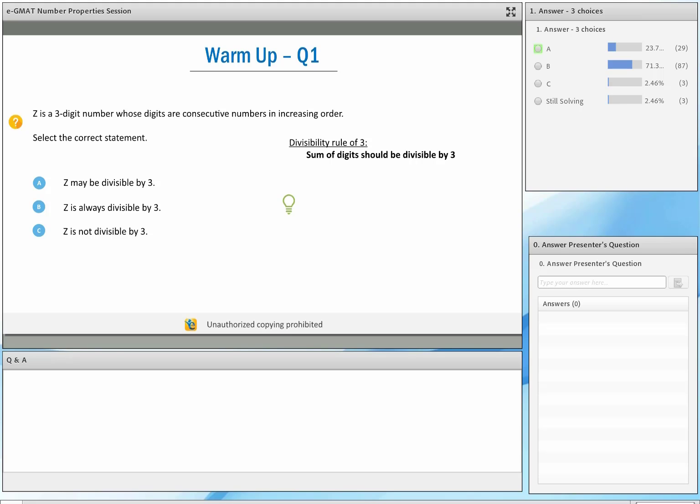Now, if Z is a 3-digit number whose digits are consecutive numbers in increasing order, what we can do is translate this information: the digits of Z are x, x plus 1, and x plus 2.